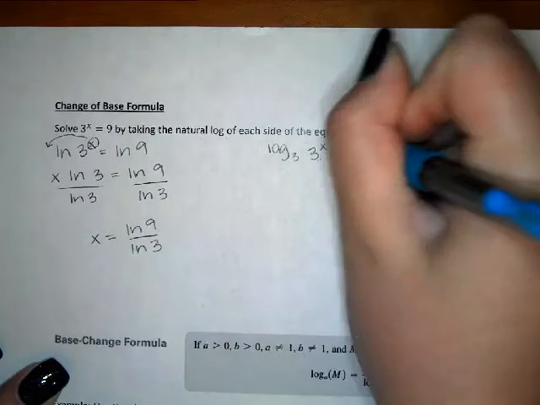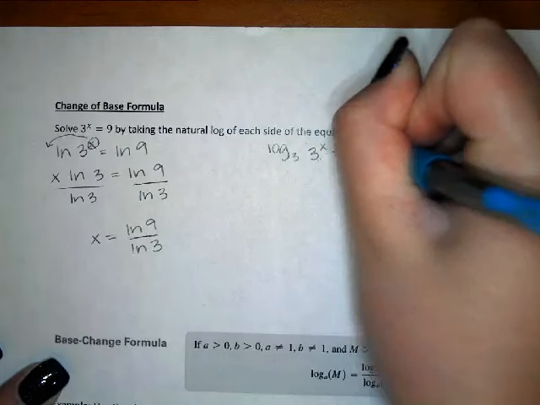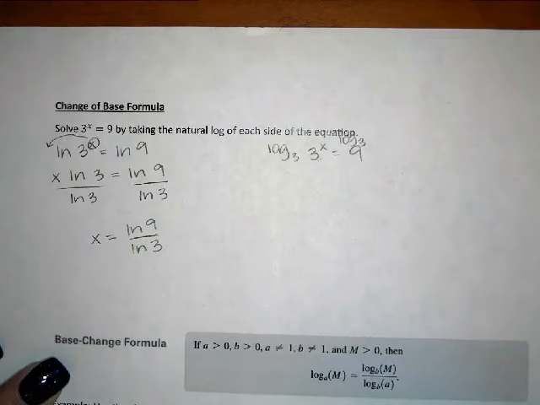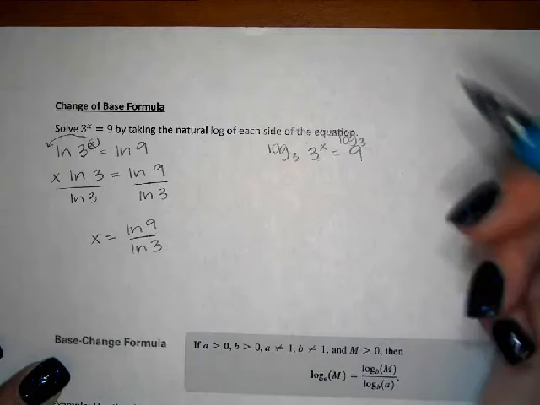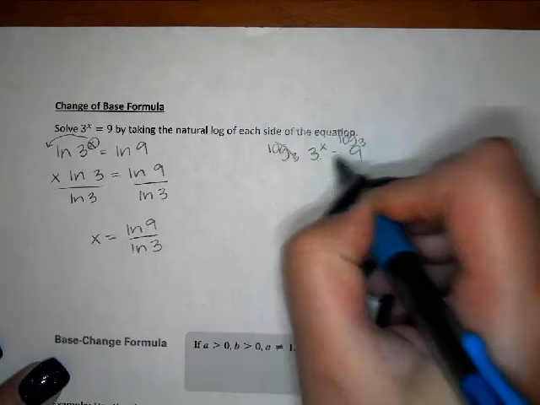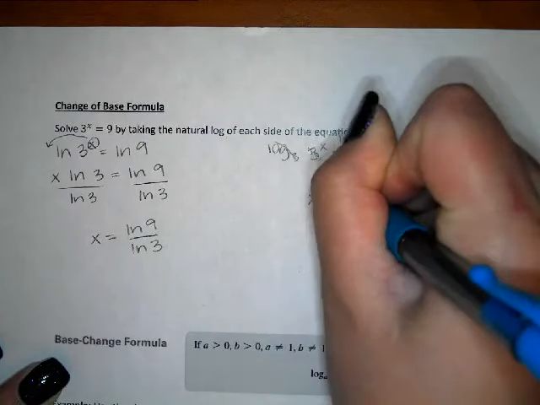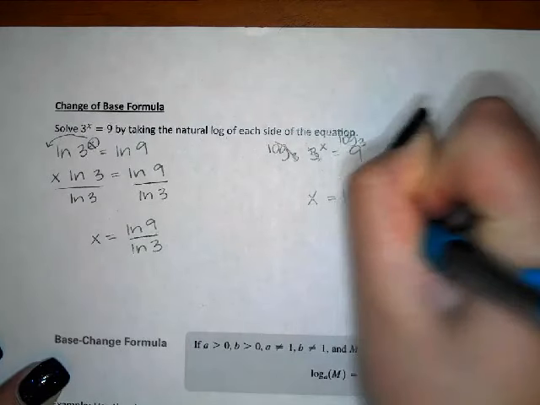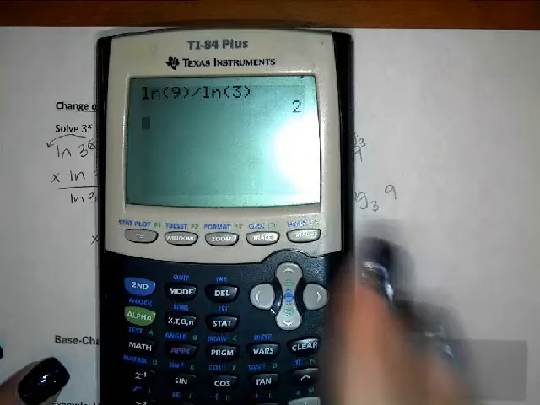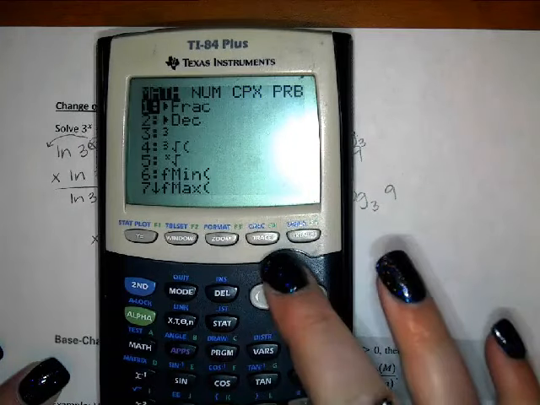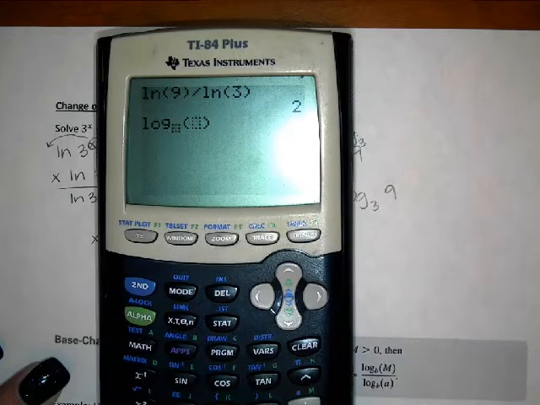This is solving using inverse operations rather than solving by changing the base of the problem. So log base 3 of a base of 3, those cancel out, and I get x equals log base 3 of 9. And if you look, math up, log base 3 of 9 is also 2.